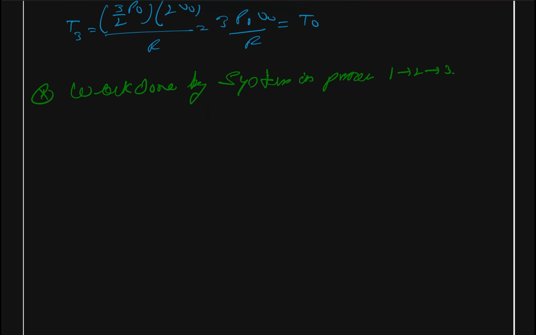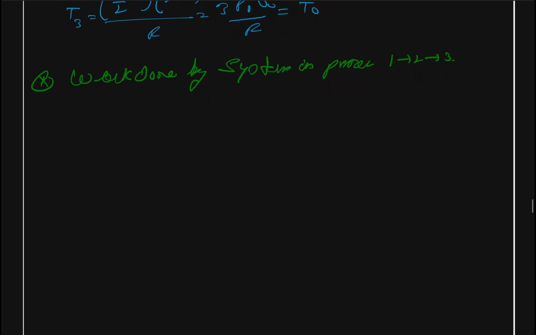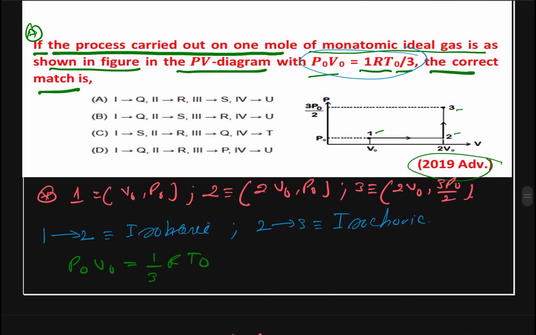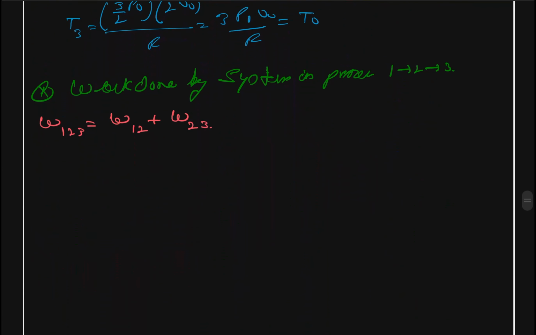So the work done from 1 to 3 will be equal to the work done from 1 to 2 plus the work done from 2 to 3. But for 2 to 3, the volume is constant, so this work done will be 0.